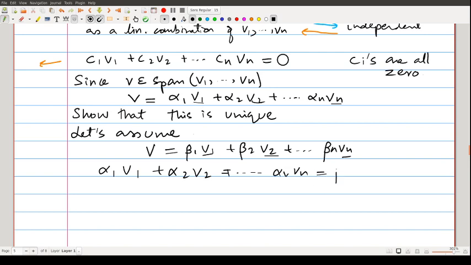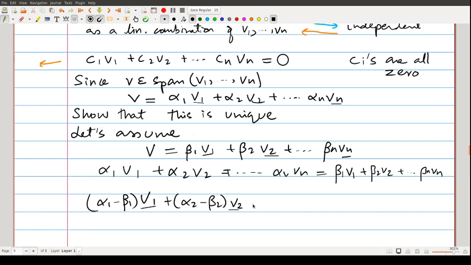And if we equate them, we get beta 1 v1 plus beta 2 v2 plus dot dot dot beta n vn. Bringing these vectors to the left hand side, we have alpha 1 minus beta 1 times v1 plus alpha 2 minus beta 2 times v2 plus dot dot dot alpha n minus beta n times vn equals 0.